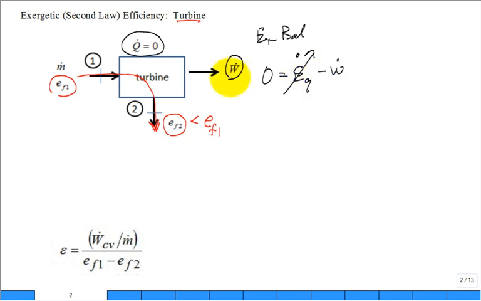That's this power coming out. And so if I have 10 kilowatts of mechanical shaft power coming out of that turbine, I have 10 kilowatts, the same magnitude, of exergy flow in that shaft power. It's a 1-to-1. 1 kilowatt of mechanical power is 1 kilowatt of exergy transfer.